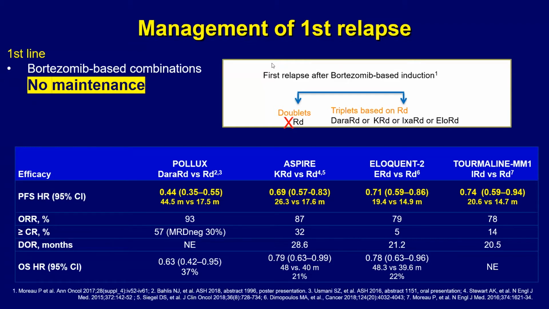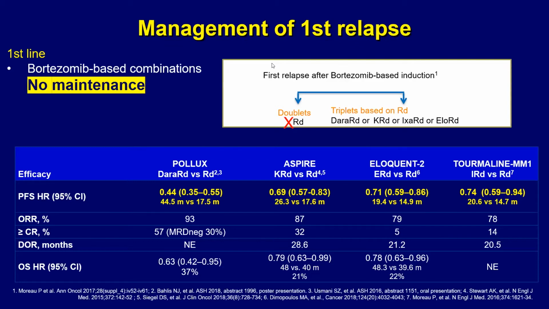monoclonal antibodies with RD. And to confirm the benefit of this combination, we can look at a number of studies, for example, POLLUX, ASPIRE, PLIC-1, 2, or Tourmaline MM1. For example, if we look at POLLUX, we can find the efficacy in the form of progression-free survival and 95% confidence interval.